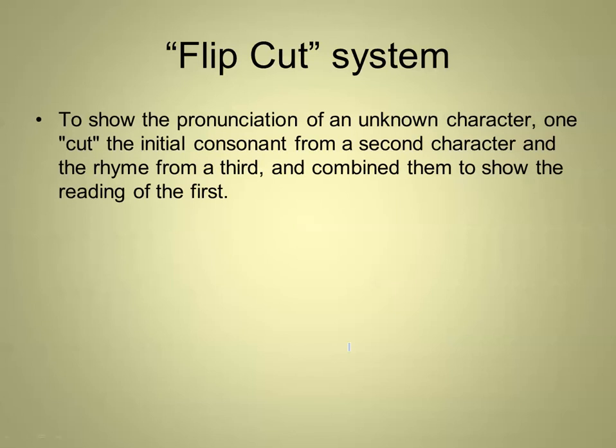Okay, so let me explain how the pronunciation thing works, the fanqie system. To show the pronunciation of an unknown character, one would cut the initial consonant from a second character and the rhyme, the last half, from a third, and then combine the second and the third to show the reading of the first. Let me use English as an example first, and then I'll give an example in Chinese.